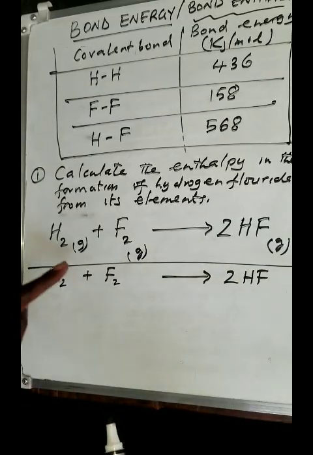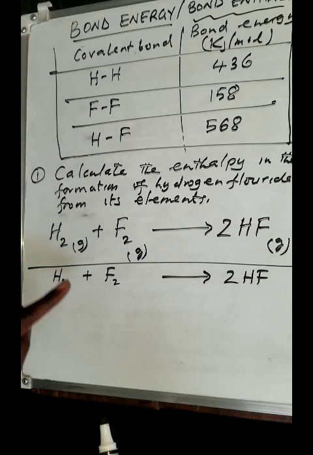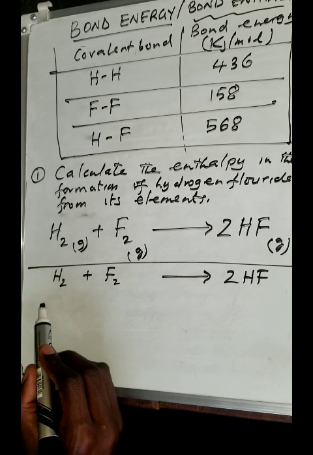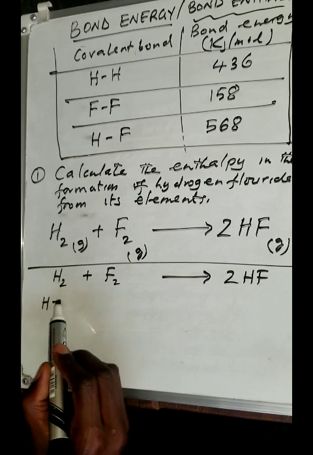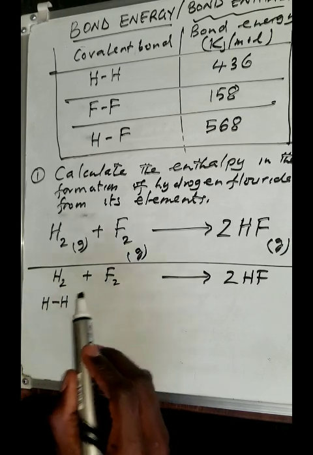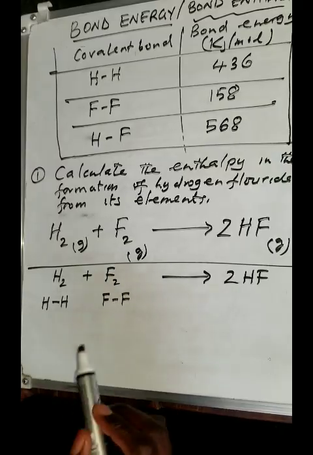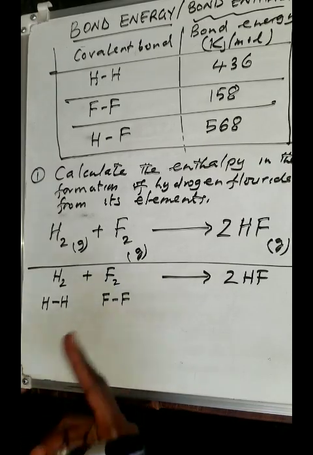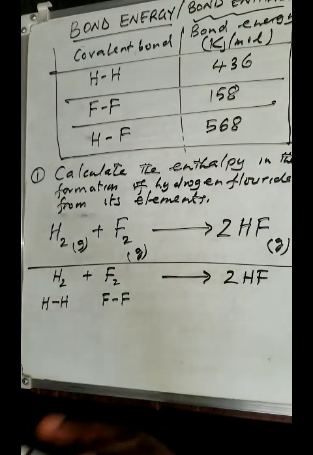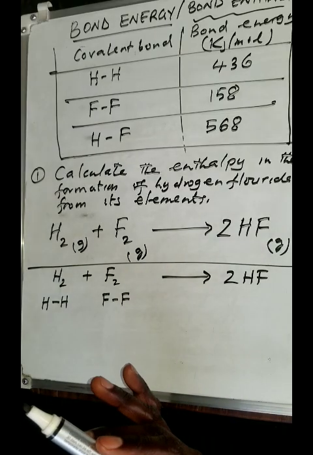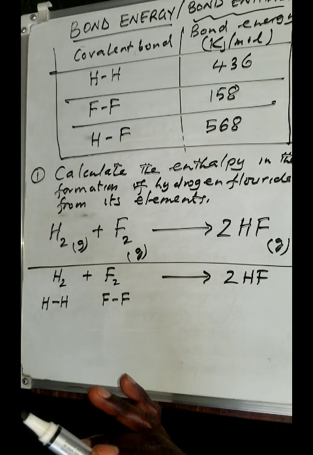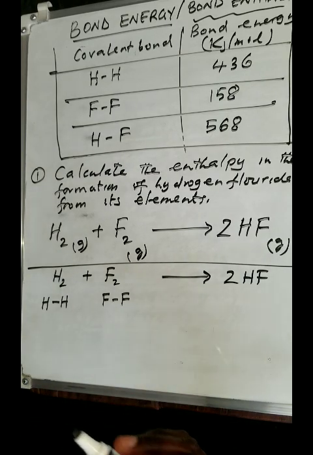So you need to write the bond line formula: hydrogen and hydrogen, and fluorine and fluorine, with a single bond. And remember, when you talk about bond energies, it has to deal with covalent compounds.